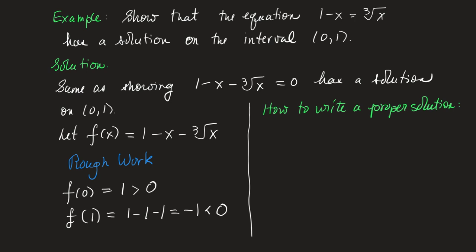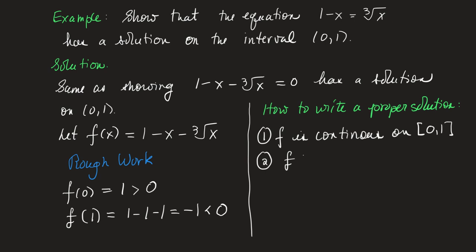So this is the IVT. So the first thing you need is, 1, that your function is continuous on the closed interval 0, 1. 2, you need that one of those function values at the endpoint is less than 0 and one is bigger than 0.